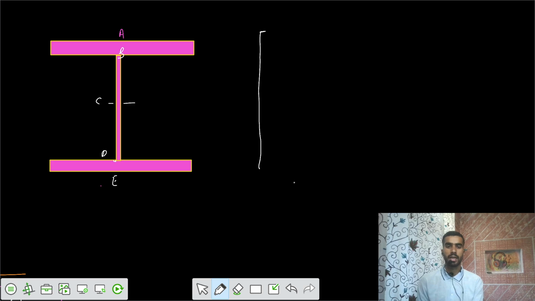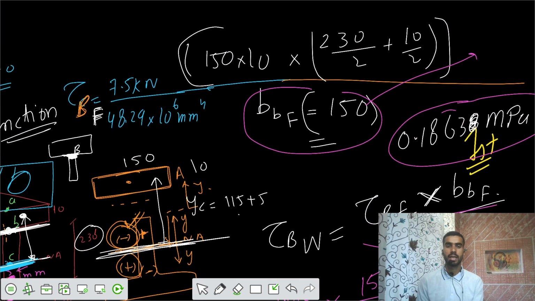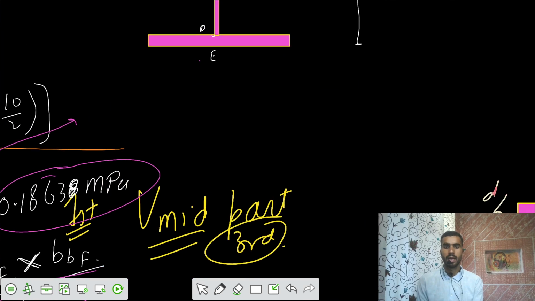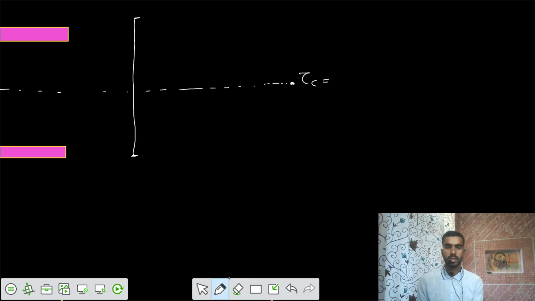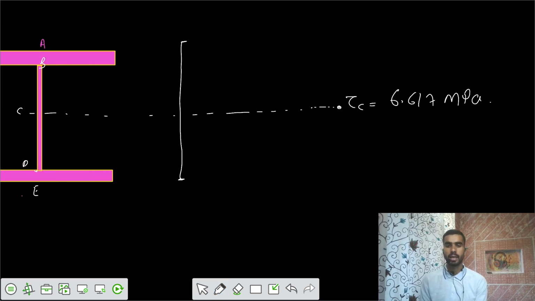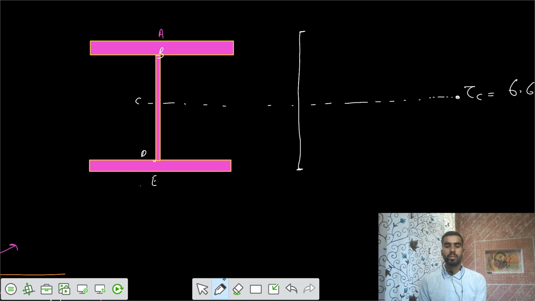We have the shear stresses at A and E equal to 0, and the shear stress is maximum at the neutral axis. So that is the value of tau C, the shear stress at C, which equals 6.617, about 6.61 megapascal.